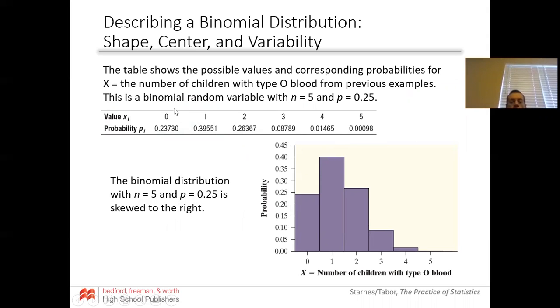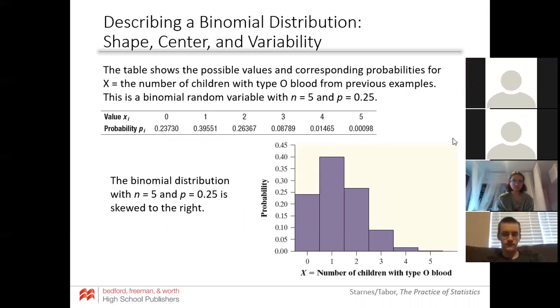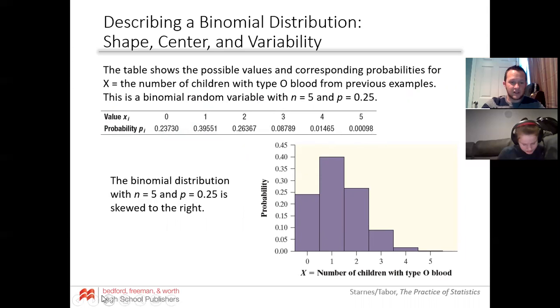We had to multiply the value by its probability and add it all together, right? That was how we got the mean of our probability distribution. To get the standard deviation, it was even more complicated. We had to take our value minus the expected value, square it, multiply it by the probability, do that for each of these and add them up.